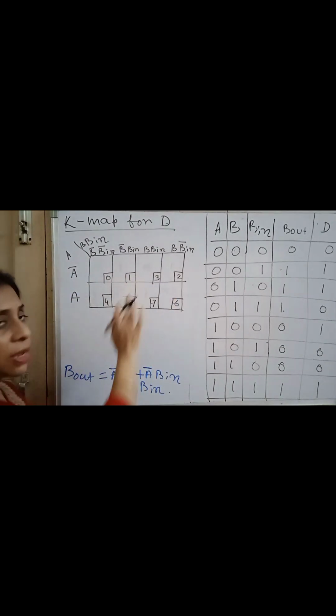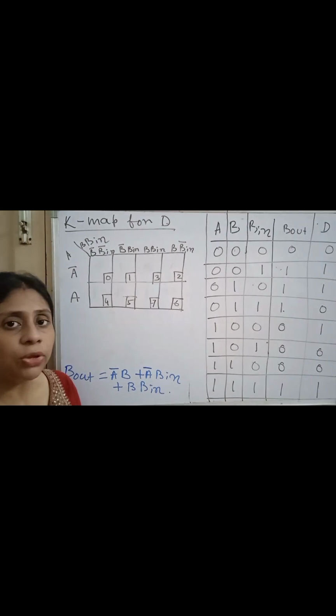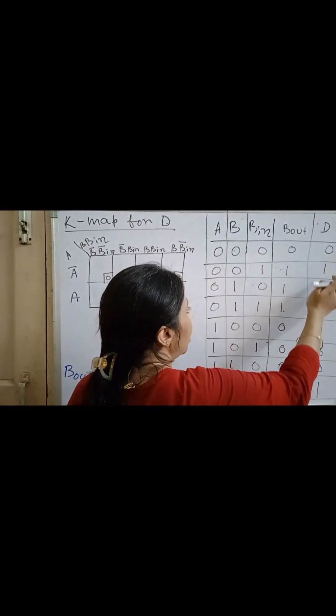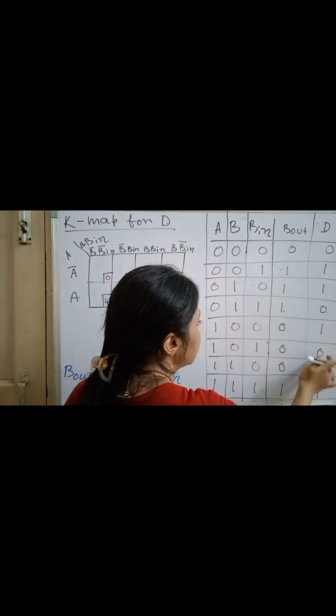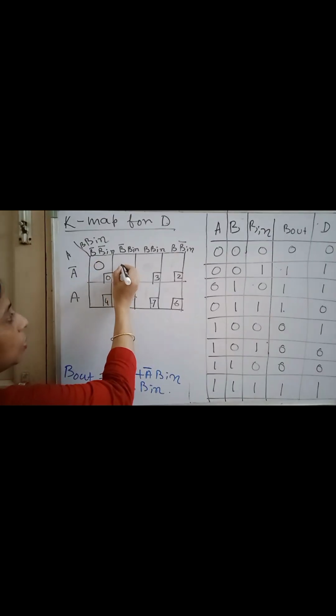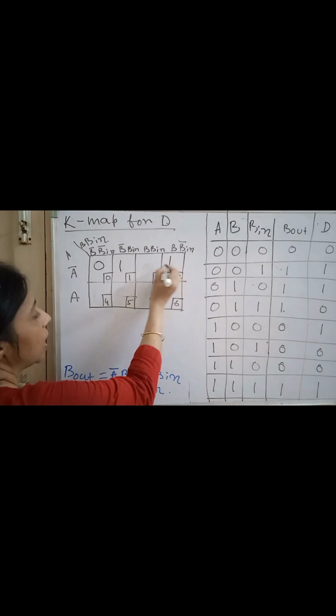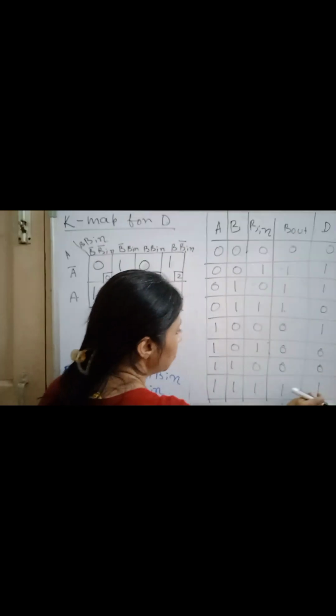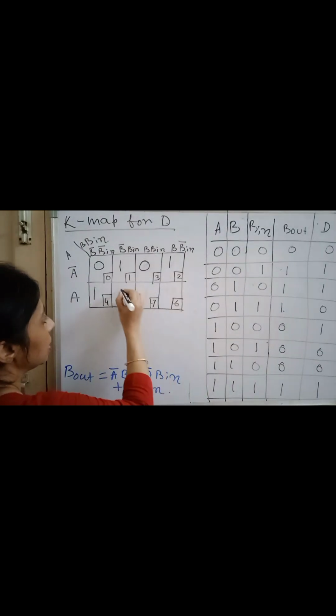Now, these are our box numbers. Now, let us put the values of D. 0, 1, 1, 0, then 1, 0, 0, 1.